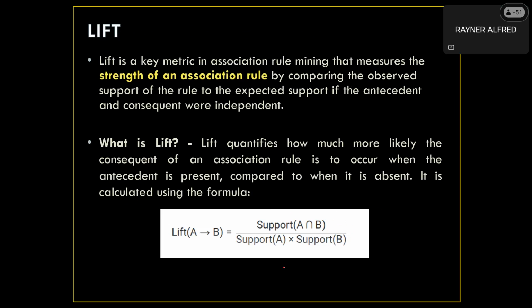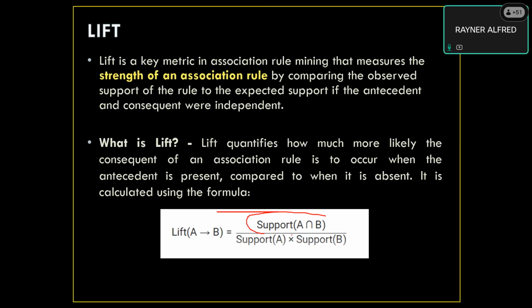Okay, we have another one that will use the support matrix. Lift is a key metric in association rules that measures the strength of an association rule by comparing the observed support of the rule to the expected support if the antecedent and consequent were independent.